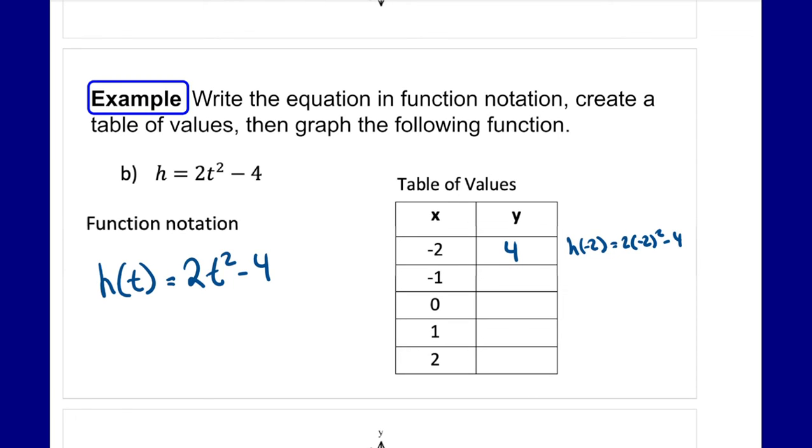If I go through and do the same thing, but plug in negative 1, so 2 times negative 1 squared minus 4, I get negative 2. h at 0, so 2 times 0 squared minus 4, we should get negative 4. Plug in 1, should get negative 2. And plug in 2, we should get 4.